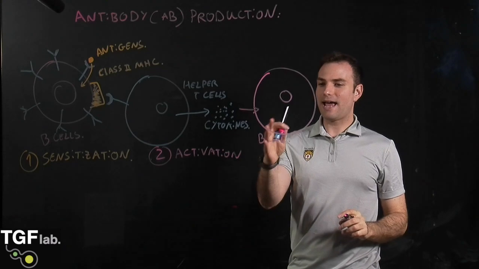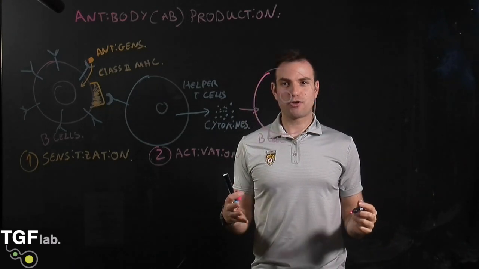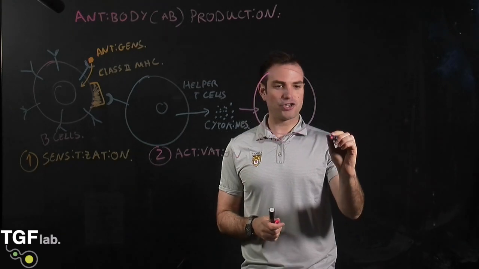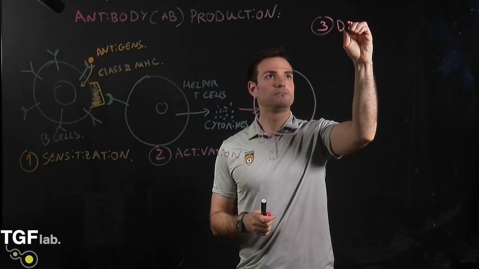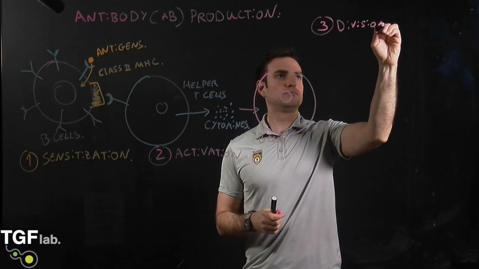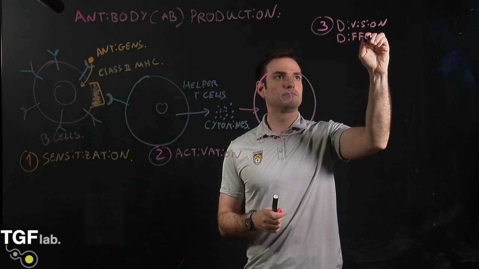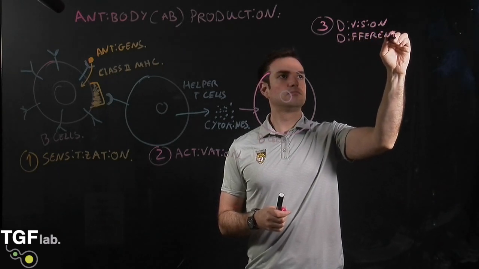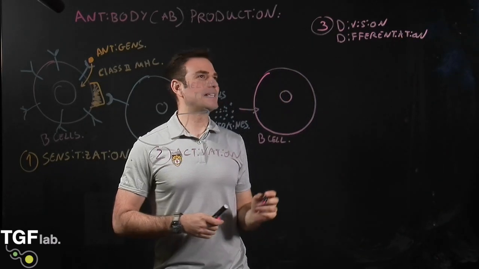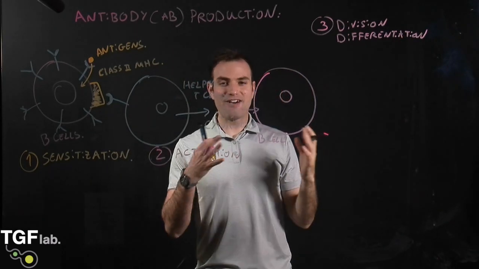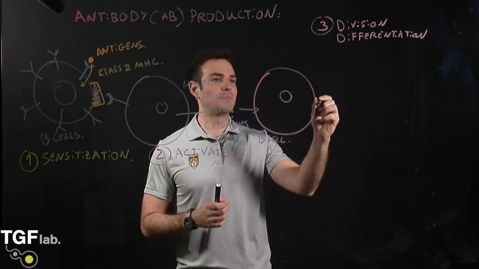So once the B cells are activated, they are going to start the process of division and differentiation. These activated B cells are going to start dividing, and they are also going to start differentiating into two different types of B cells.